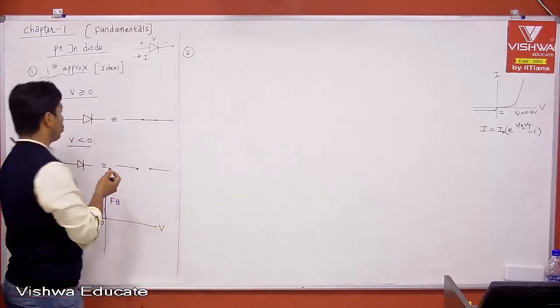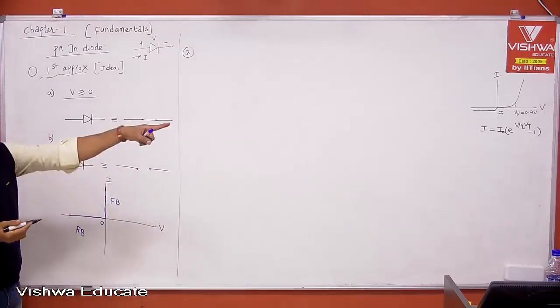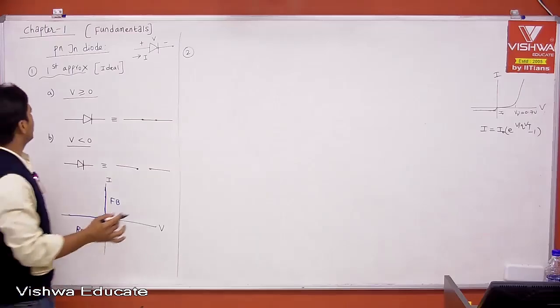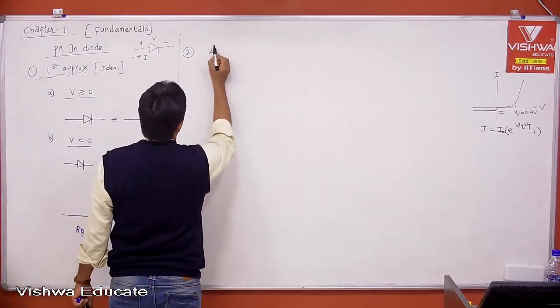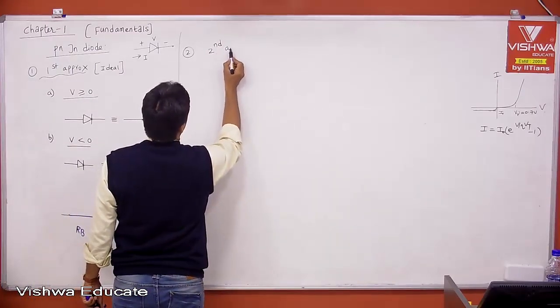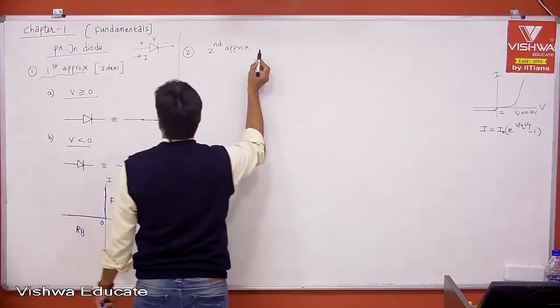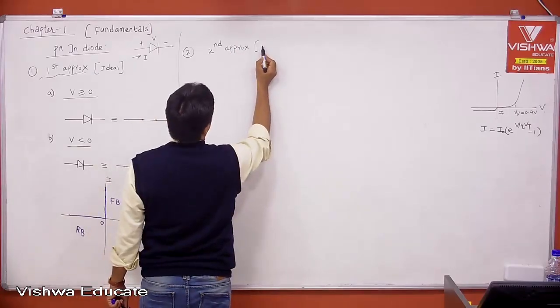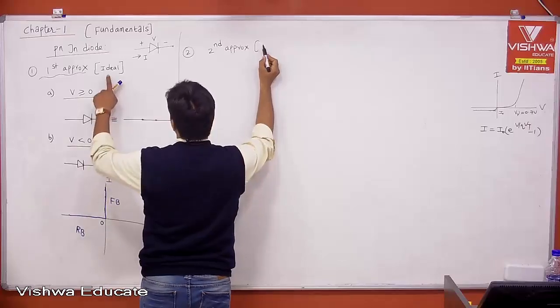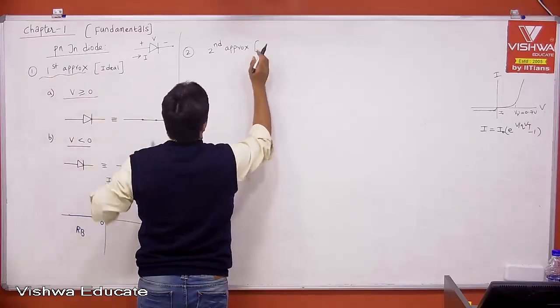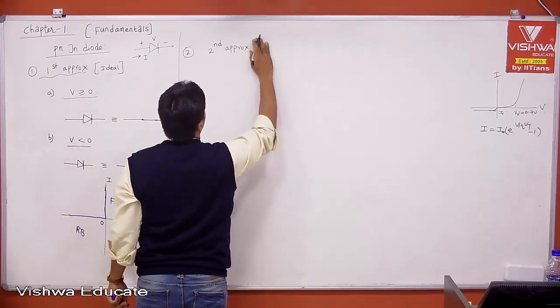We are expecting the diode to be like this, but practically it will not be. Practically, that is what the diode is. Now, second approximation is a little bit better than first approximation, and it will be somewhat close to your exact expression. This is level 2. When I say ideal, it is level 1 or first approximation, and second approximation is a little practical.